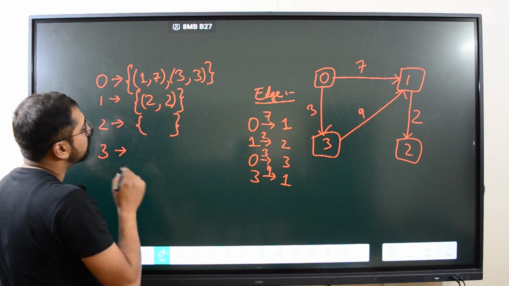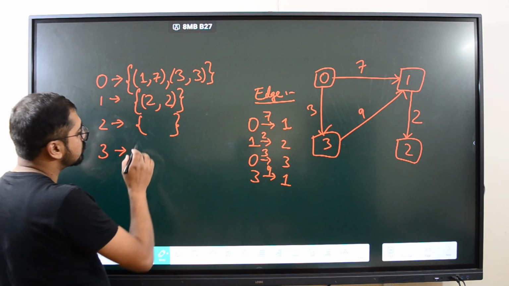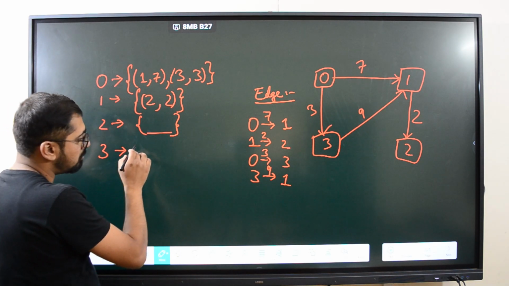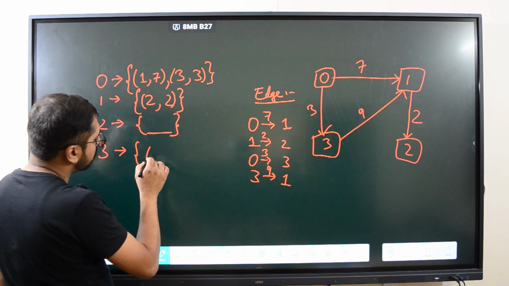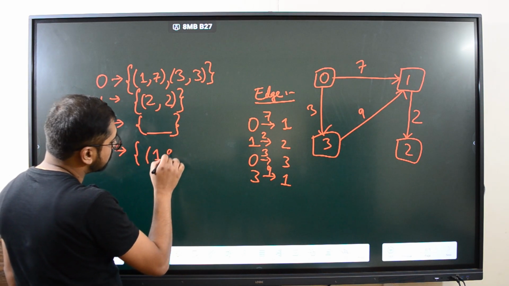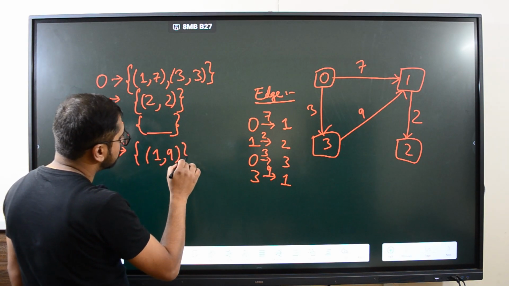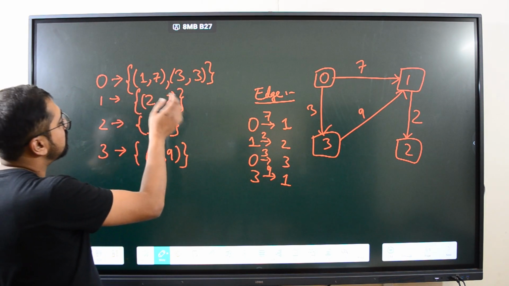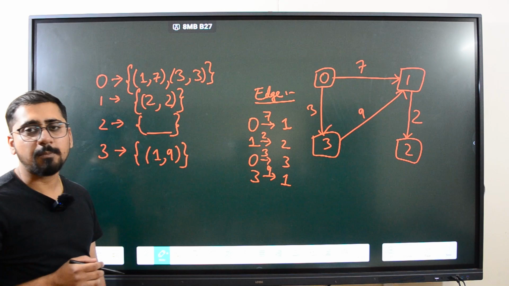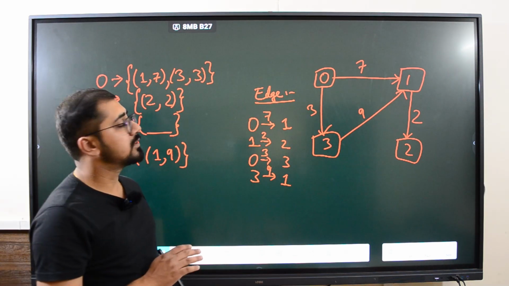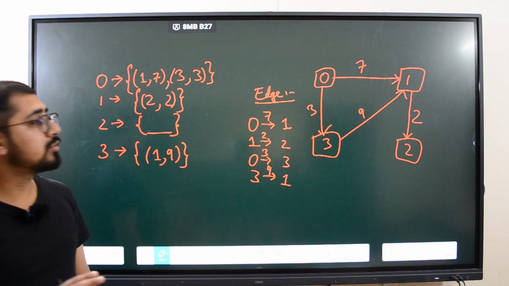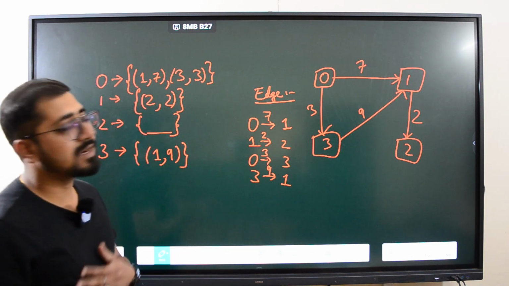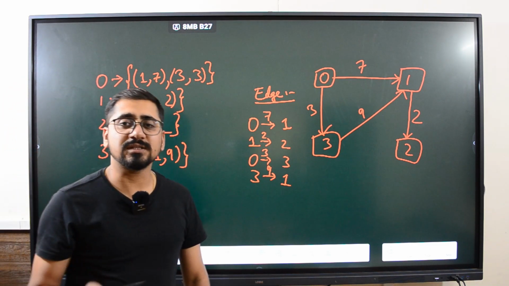From 2 we don't have any edge, so this remains blank, and from 3 we have an edge to 1 which has a weight of 9. This is done here. We have 4 edges and here we have 4 pairs of numbers. Clear? This is how we are going to implement a directed weighted graph using an adjacency list.